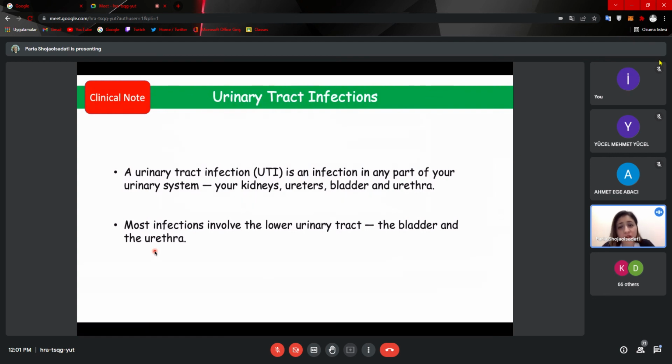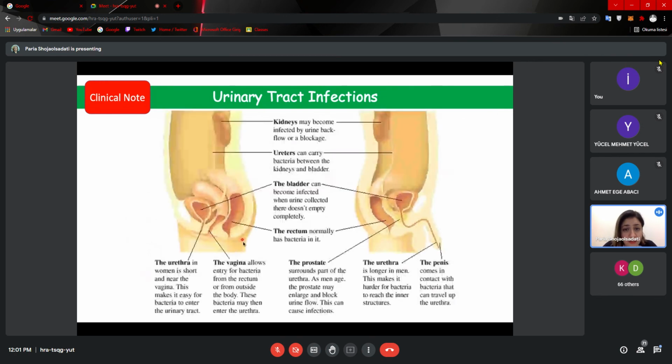Most infections involve the lower urinary tract, and contain the bladder or urethra or both of them together. You can see the different parts of this system: the kidney, the ureters, the bladder, and the urethra.